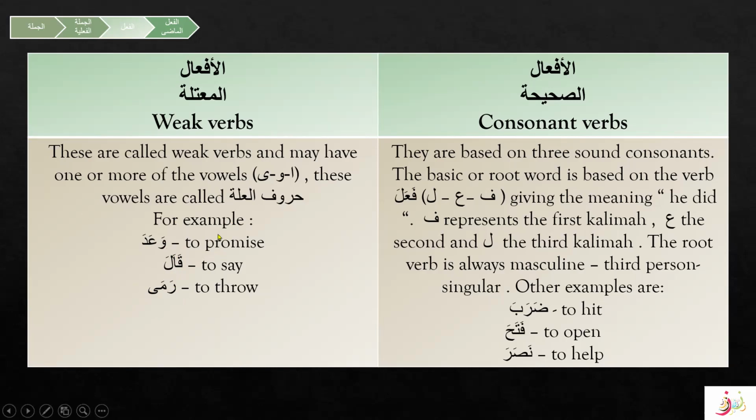So whenever a verb or a fi'l has a harf illa, that fi'l will be a fi'l mu'talla as well. Afal mu'talla, whenever they consist of any huruf illa. And these are three: alif, waw, and ya.